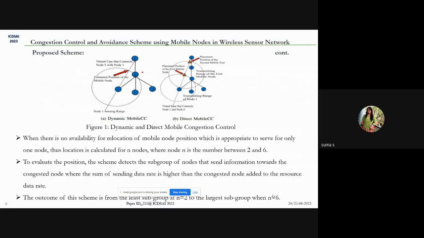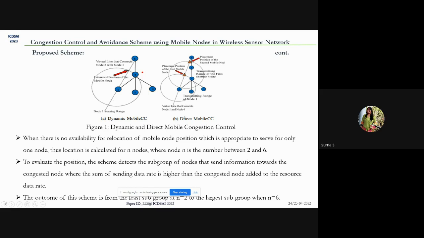So here the diagram depicts the dynamic and direct mobile congestion control. So that is dynamic mobile congestion control. Here we can see that in dynamic node 1, there are totally six nodes, and from source to destination, in the dynamic mobile case, node 1 is within the range. After sensing, the source node is out of the range. So once the node is detected with the previous location, it will be reallocated.